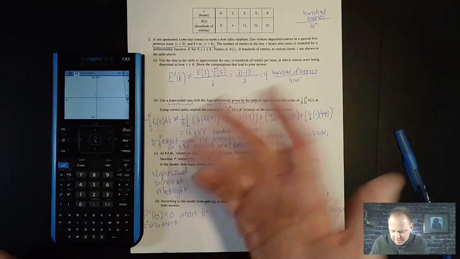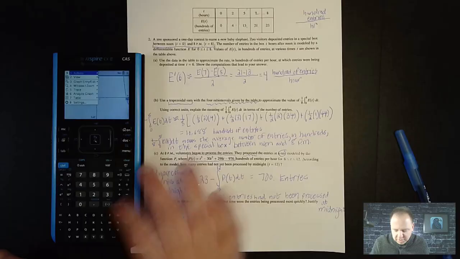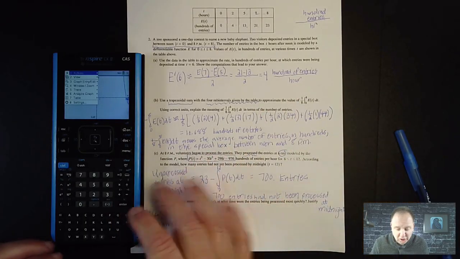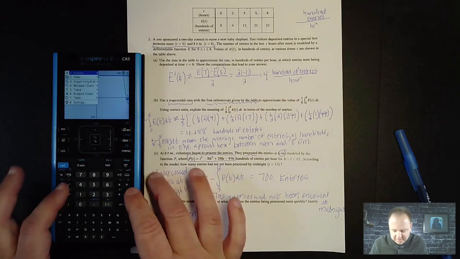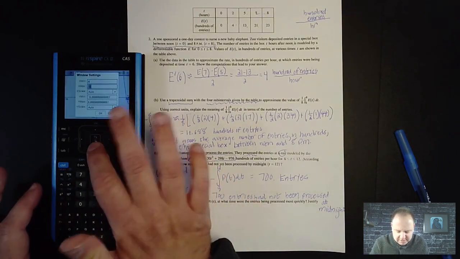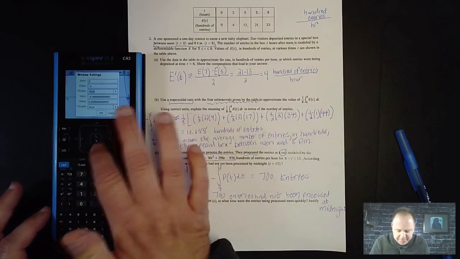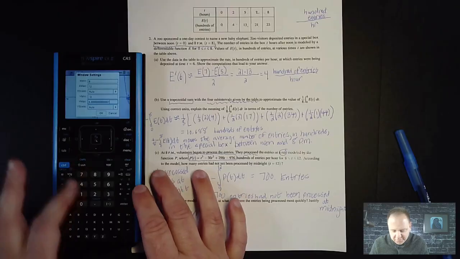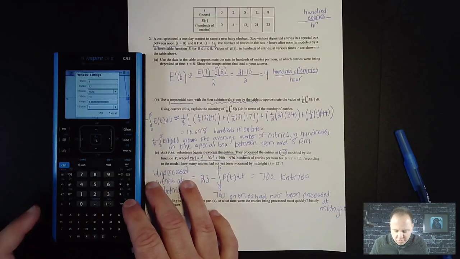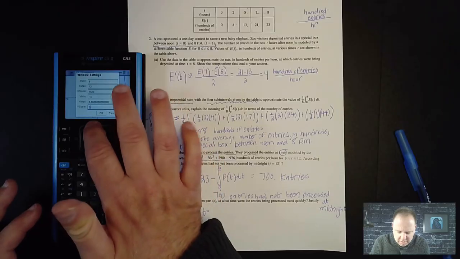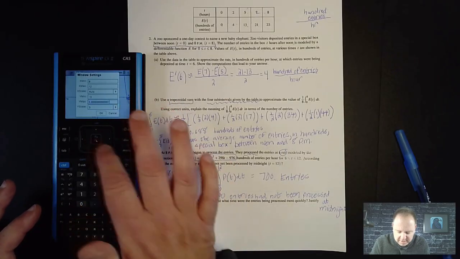I know it's a parabola opening up, but let's set it to my restrictions. So it has to go from 8 to 12 closed. Windows zoom, Windows settings. Let's go from 8 to 12. I don't need to go very high or very low. I'll just go from -3 to 3, 1 to -1, whatever you feel you need to do.